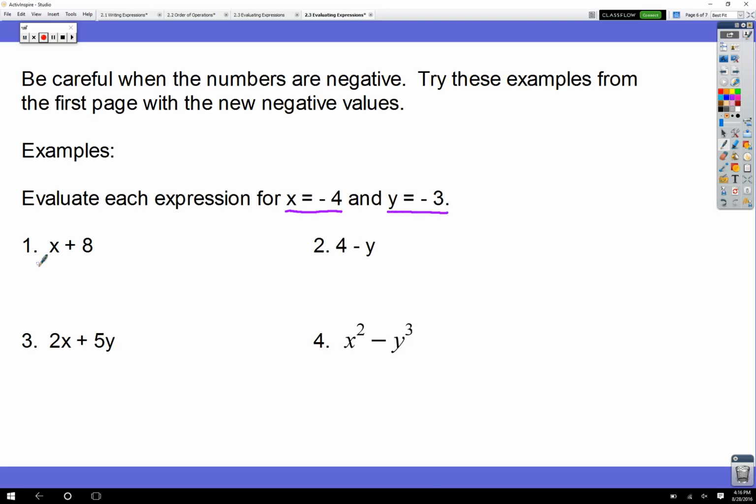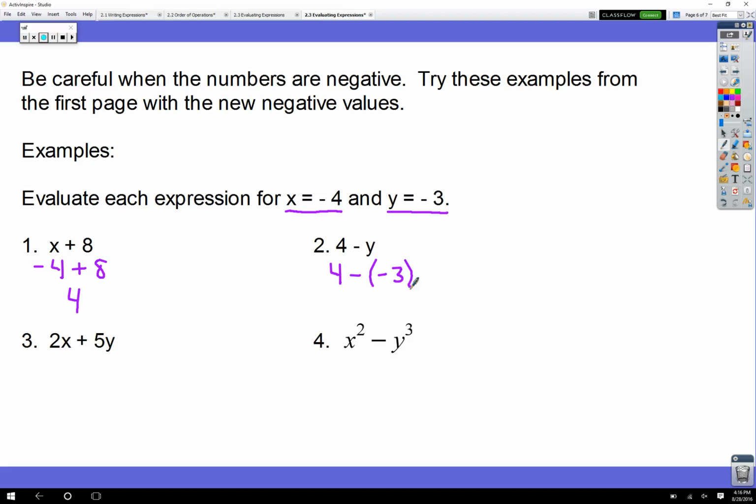So for number 1, we have x is negative 4 plus 8, and negative 4 plus 8 is simply 4. Number 2, we have 4 minus y. Now y is a negative 3, so this negative here is not the same as this negative, it's an additional negative. We have 4 minus a negative 3.